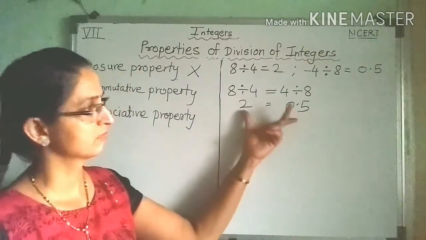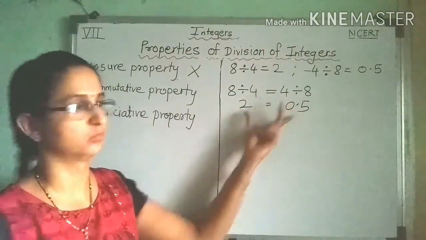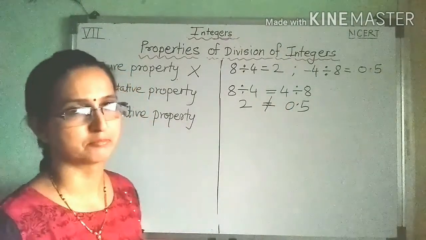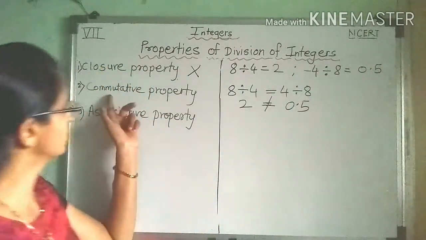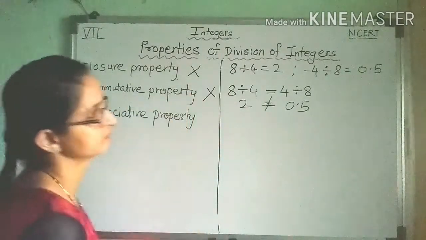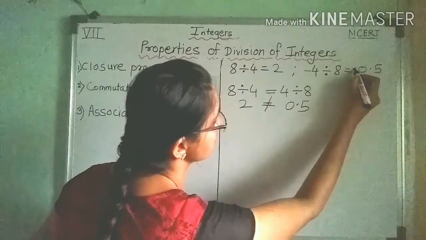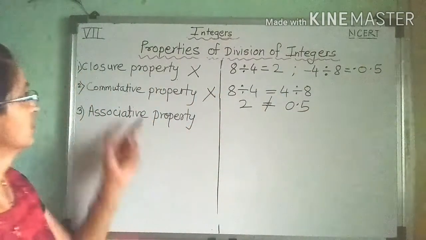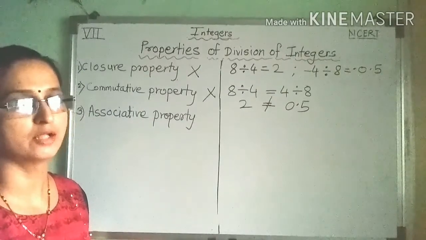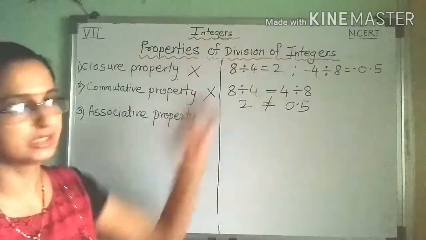So, both are the same? No. These two quotients are not the same. So, this property is also not true for division of integers. Both closure property and commutative property are not true for division of integers.